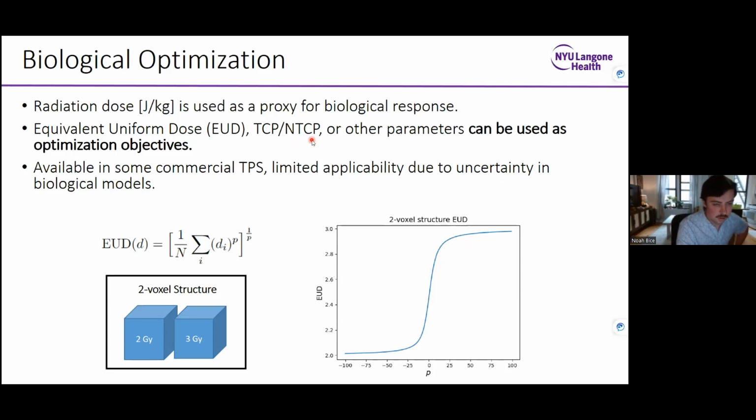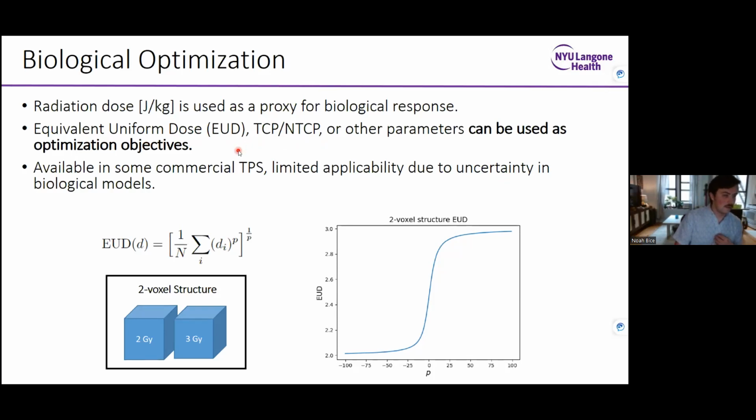And in principle, there's nothing stopping us from using these values in our optimization objectives that we just went through, or using something adjacent, something of more biological significance, such as the equivalent uniform dose.